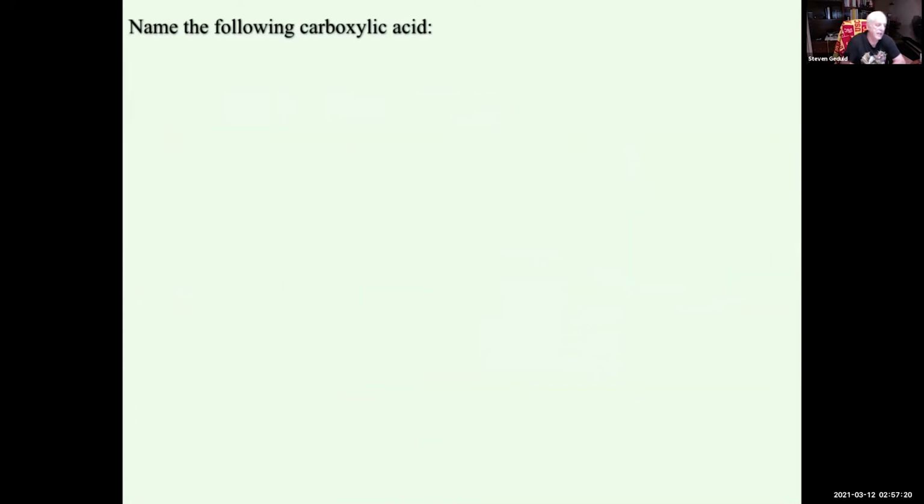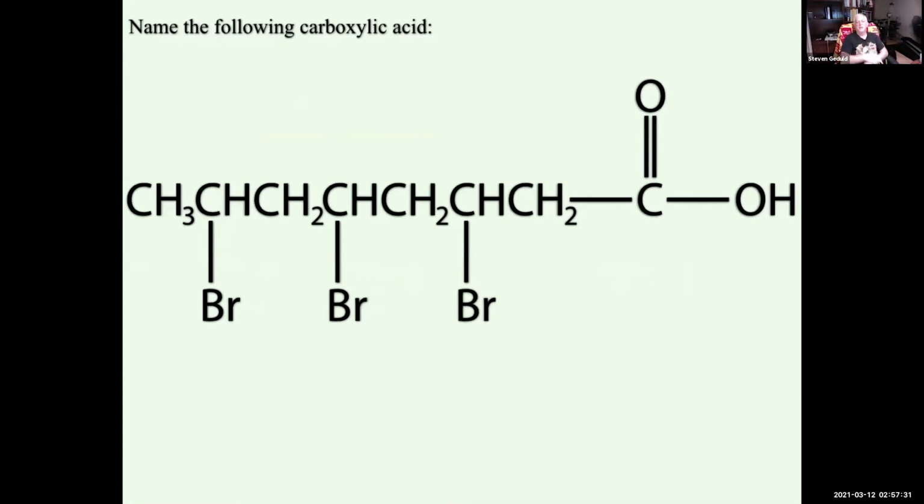Okay. Name the following carboxylic acid, with several examples here. It seems like you guys are catching on pretty quick to naming carboxylic acids. All right. Count your carbons. There's a bunch of them here. We're always going to start where the carboxylic acid is, number 1. Then we'll have 2, 3, 4, 5, 6, 7, 8.